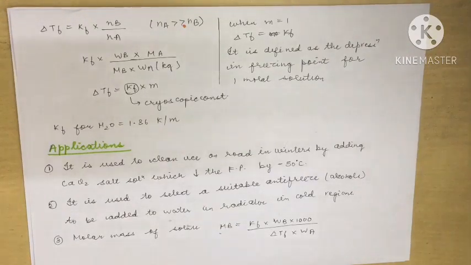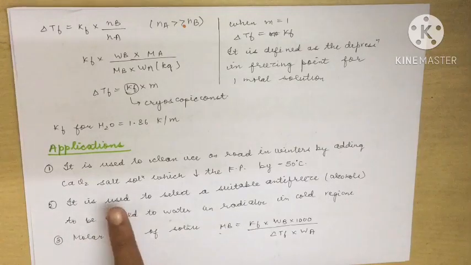Means in atmosphere, whenever there is a temperature of 0, the water will freeze and ice will form. Now what we do is we add a non-volatile solute, that is calcium chloride. And already I told you that whenever we add non-volatile solute, your freezing point will reduce. So it is reducing to minus 50 degrees Celsius.